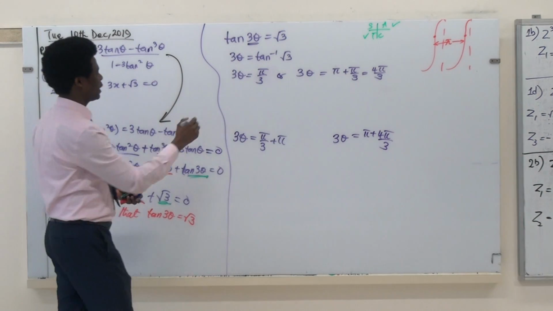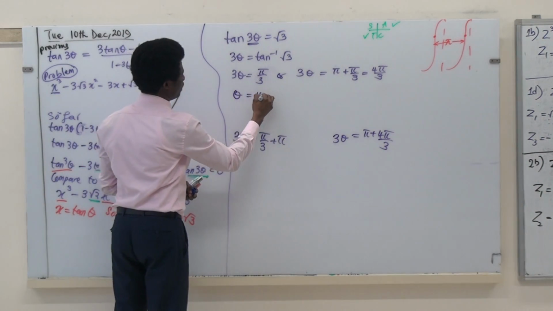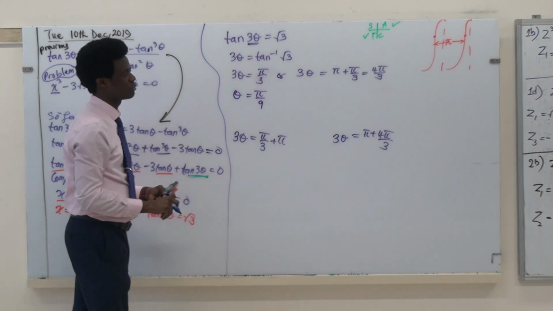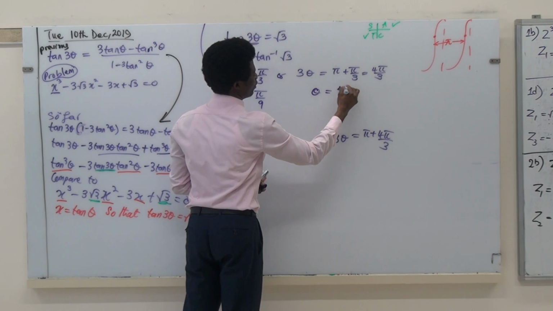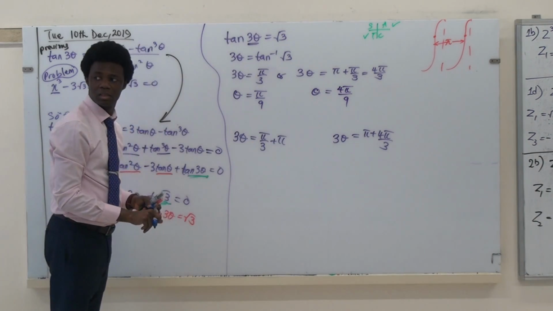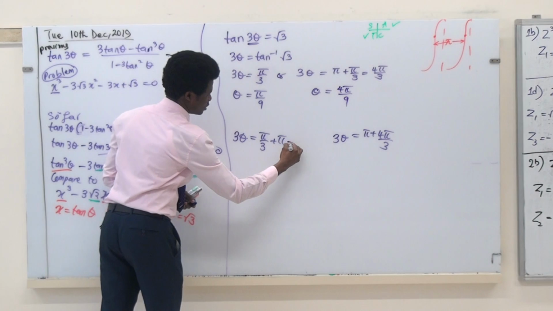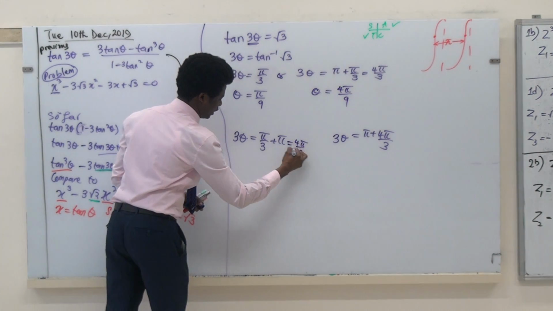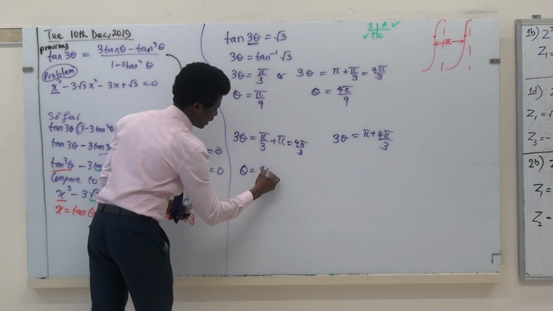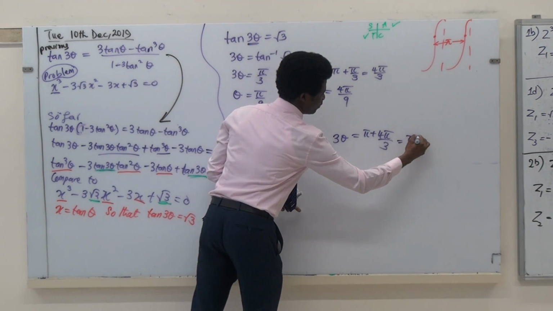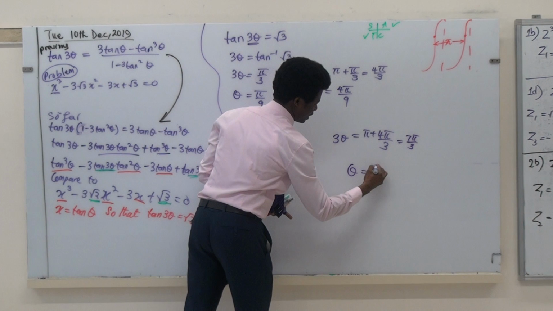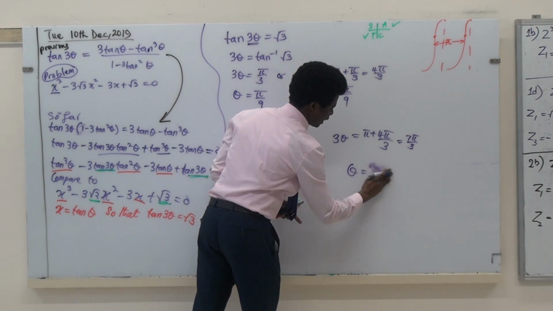And here, theta will be pi over 9. From here, theta will be 4 pi over 9. From here, this is definitely 7 pi over 3, so that theta is 7 pi over 9.